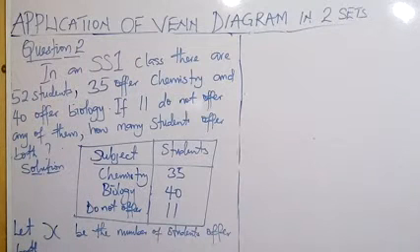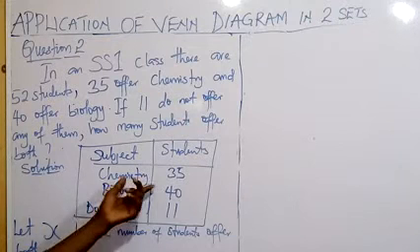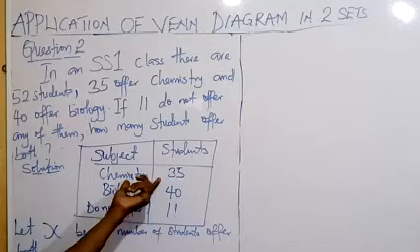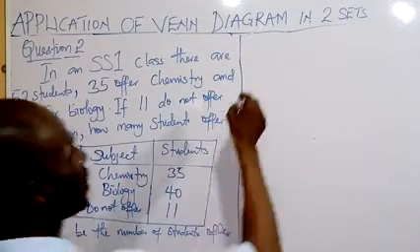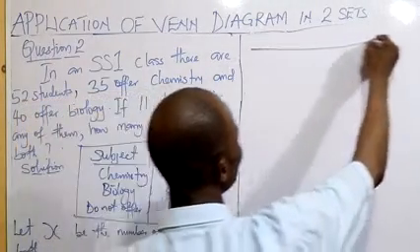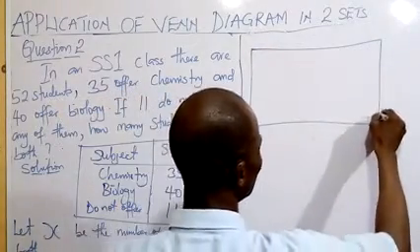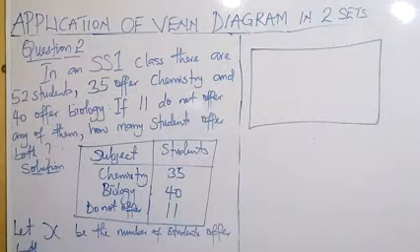So therefore, the next thing we need to do is to represent each information. We will create a circle for this in a Venn diagram. Let's draw the Venn diagram. That's our Venn diagram.